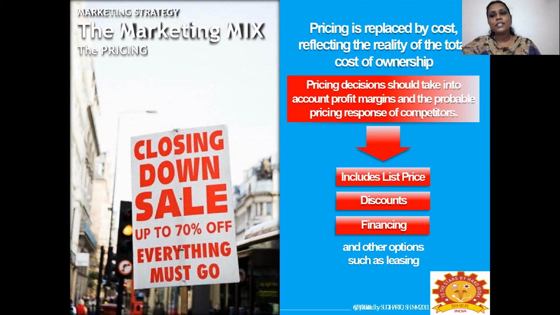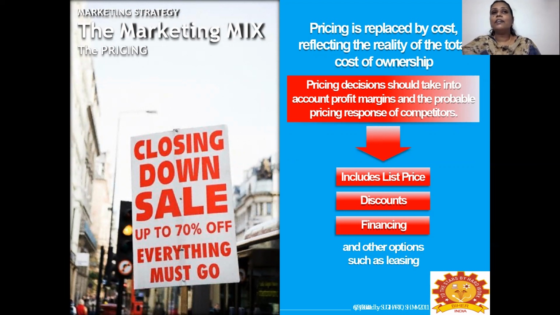The offering could be a service, could be a product, could be an experience, idea, or whatever. So price refers to consumers' perceived value, and it includes the sacrifices that they are willing to make in terms of efforts, in terms of spending time. Okay, so that is all comprehensive in the concept of price.